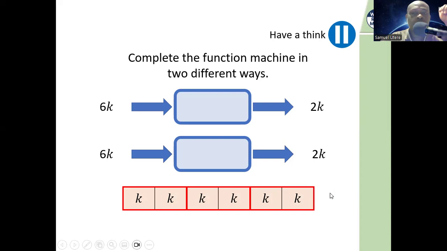Or someone might say, no, I could just simply take away 4k. So either way, we have just used two different ways of getting the function machine operation.